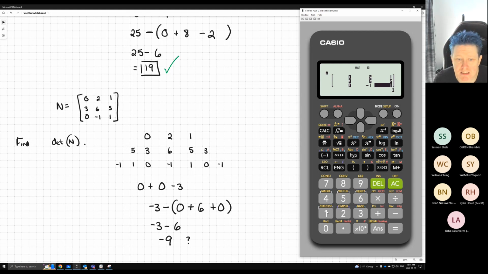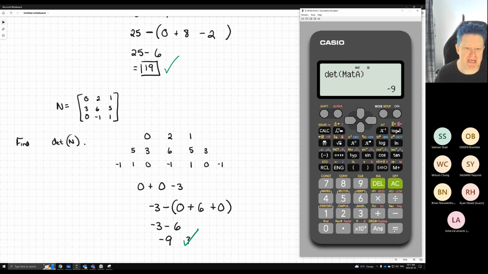Okay, it looks correct. I'm going to press all clear, and then go into my matrix functions menu and press determinant, number 7. I'm going to go back into my matrix functions menu and choose matrix A, which is the one I modified. Press equal to, and sure enough, we get negative 9.